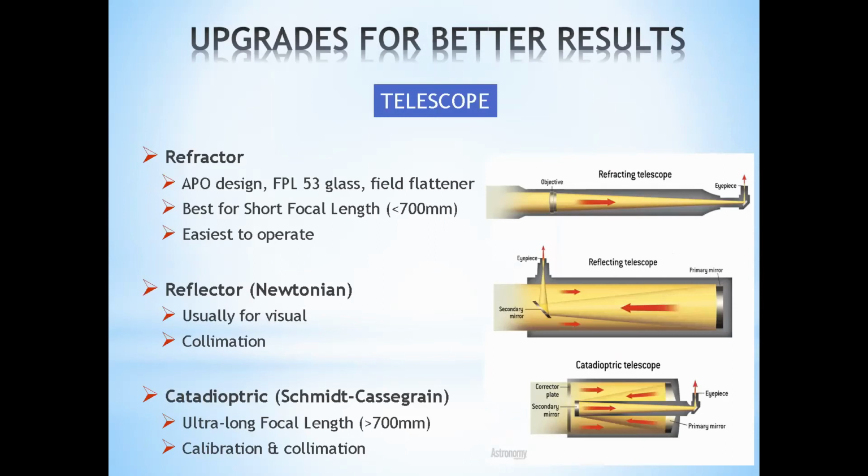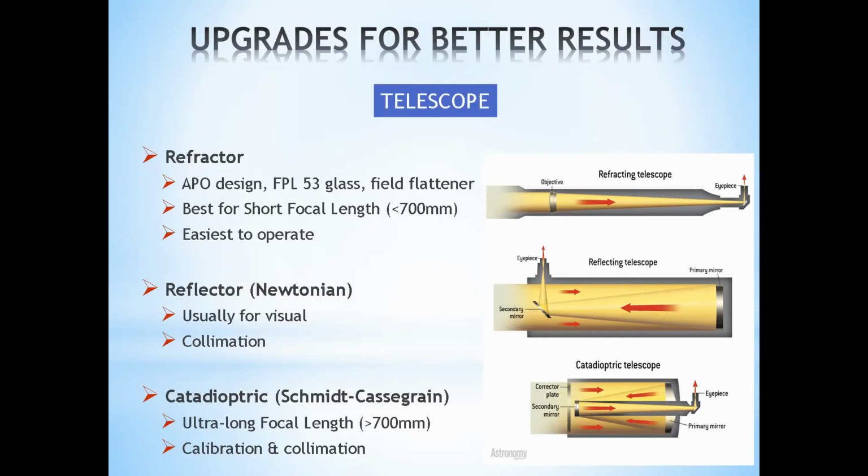In terms of upgrading from a camera lens to a telescope, there are refractors, reflectors, and catadioptrics. Refractors are what our current lenses are. Essentially, the light comes in here and is refracted and goes through to an eyepiece or camera that's out here.